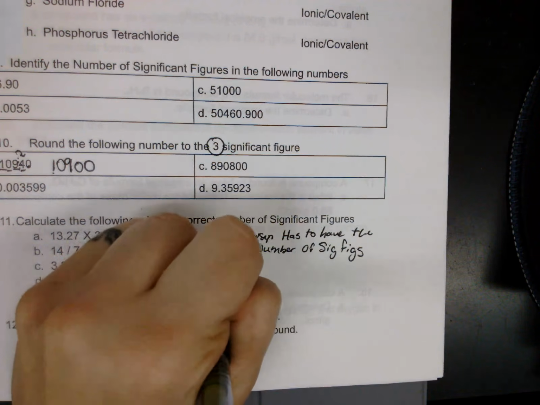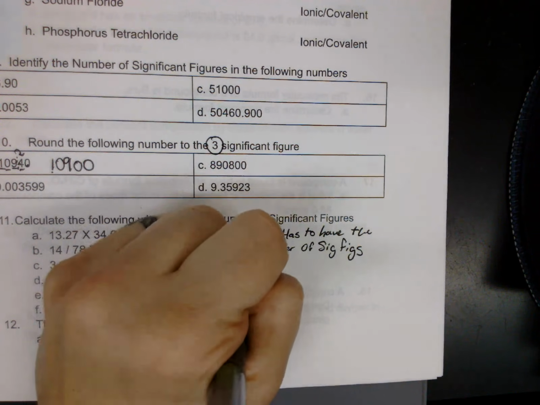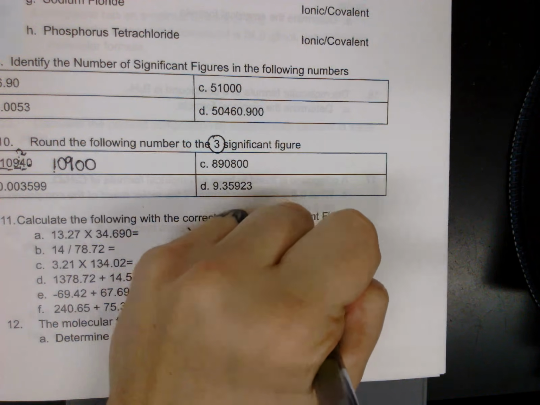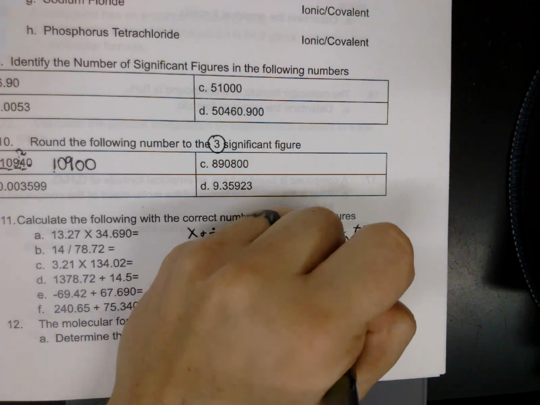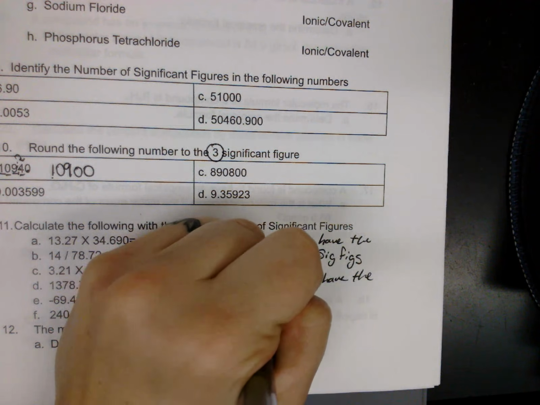For adding and subtracting, your answer has to have the lowest number of decimals.